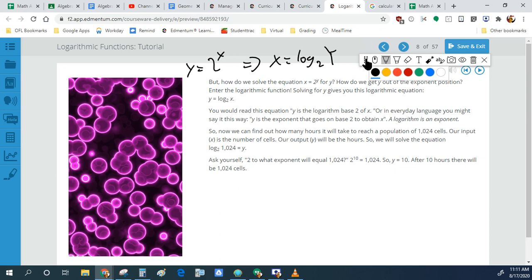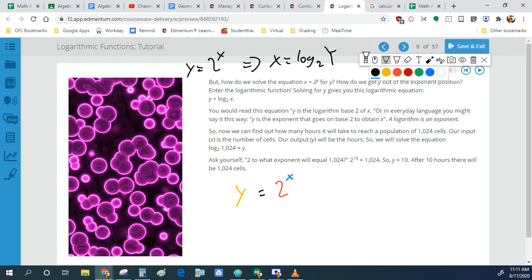Cool. So if I were to color code this, let's say I put y in yellow equals, our base is 2 and our exponent, let's make it blue.